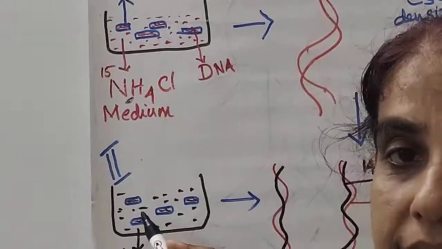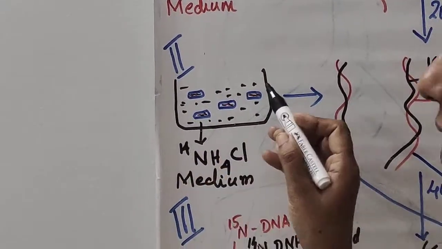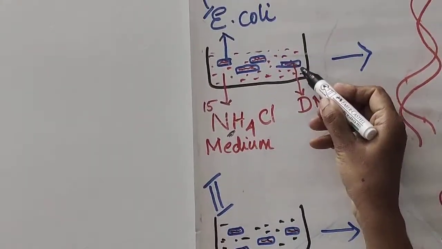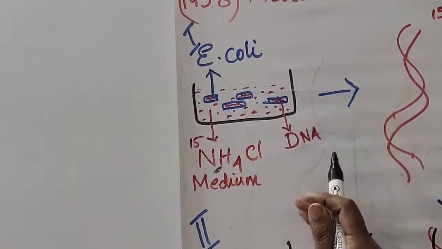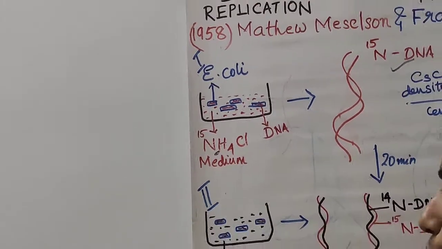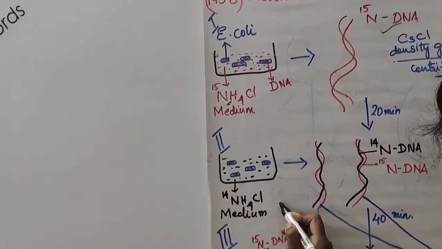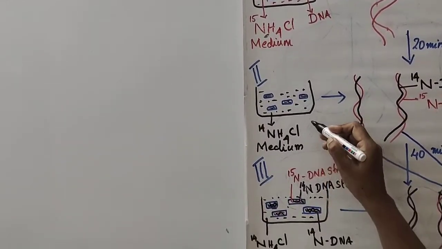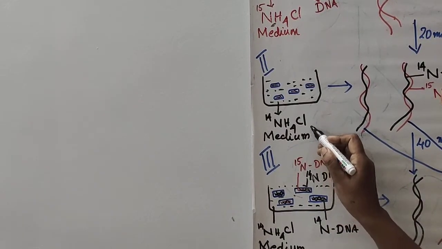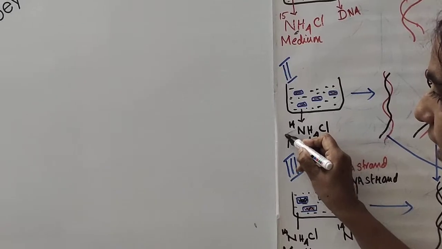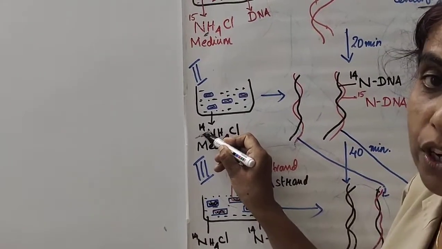In the second step, they transferred some of the DNA from the first step to a second setup where the beaker contains the light isotope of nitrogen, that is N14. You can see here N14.